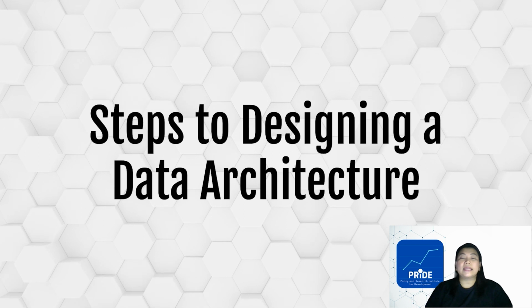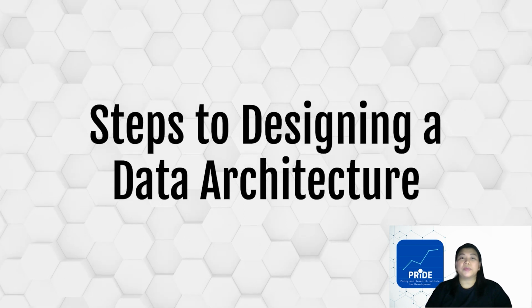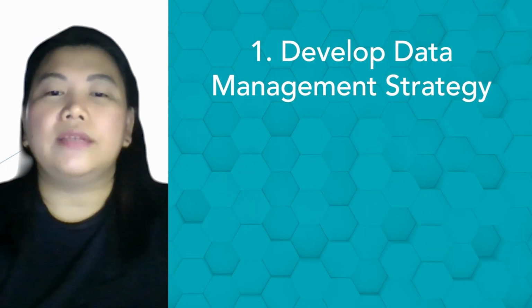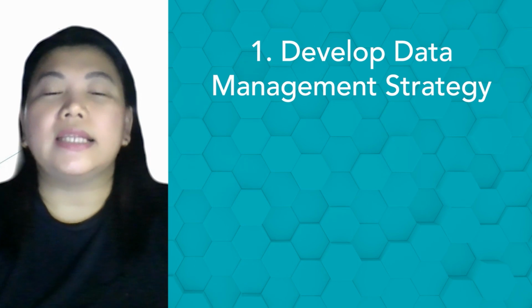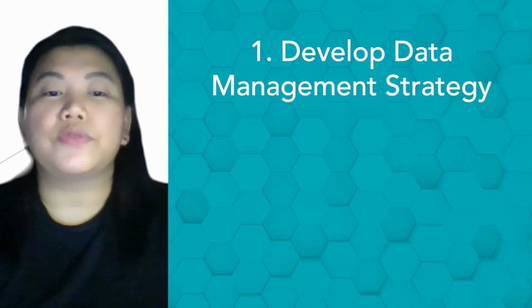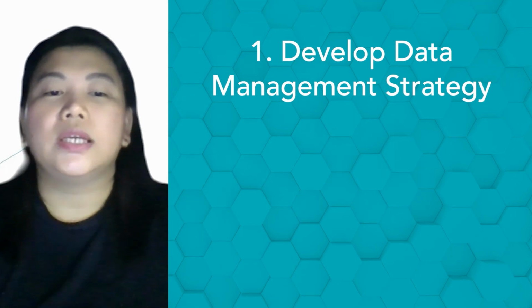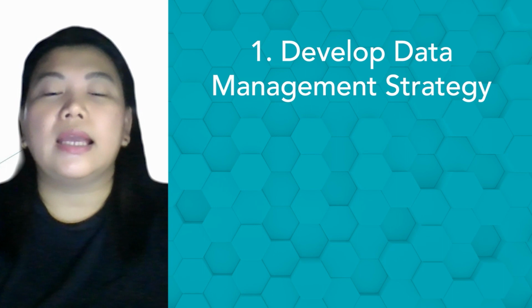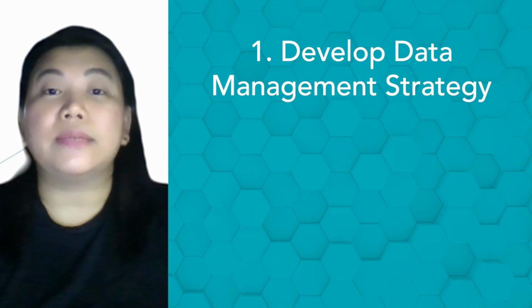There are 6 key data management principles. Develop data management strategy. In developing the strategy, the data management vision must be defined, aligned with the goals of the organization. It also includes the details of the intended data use and the plan to manage data processes.